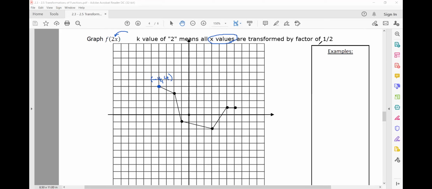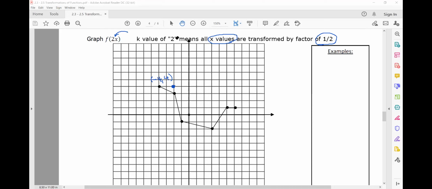It is going to be multiplied by a half. So what would it be, as you said? -2. -2 good. Can you continue? What is the x value of the original function? -2. And if I multiply that by a half, it becomes?